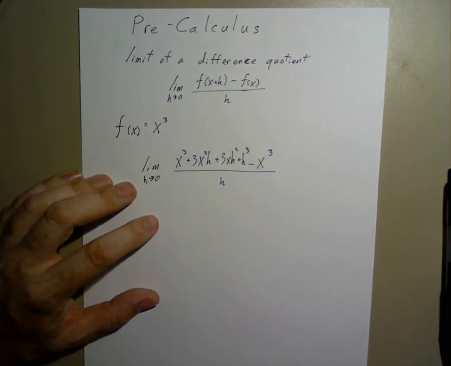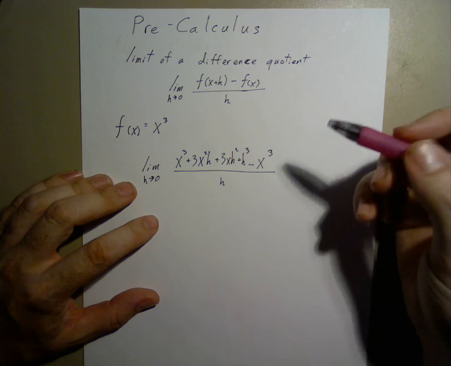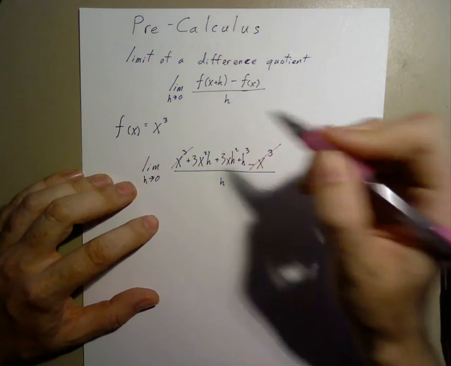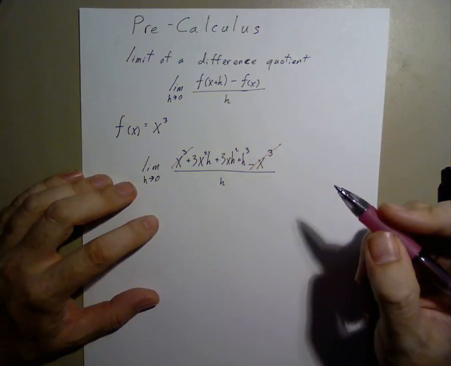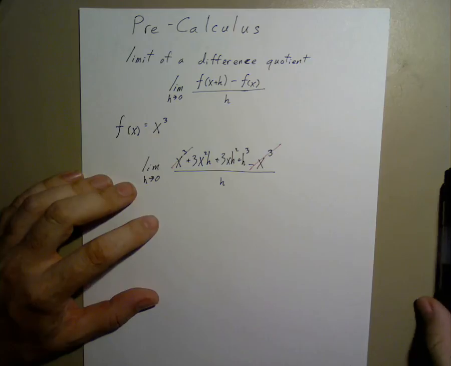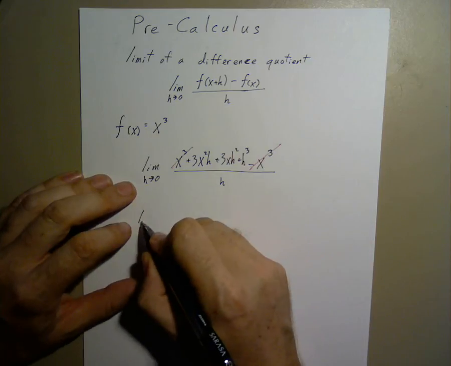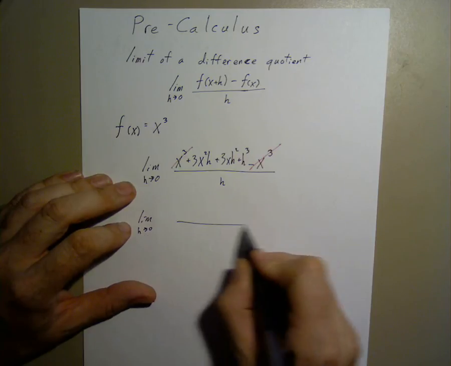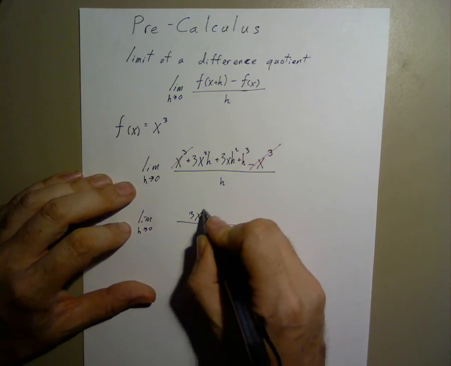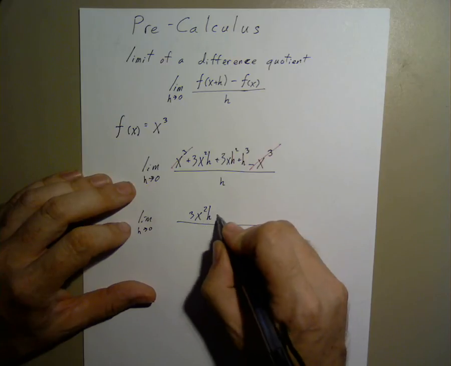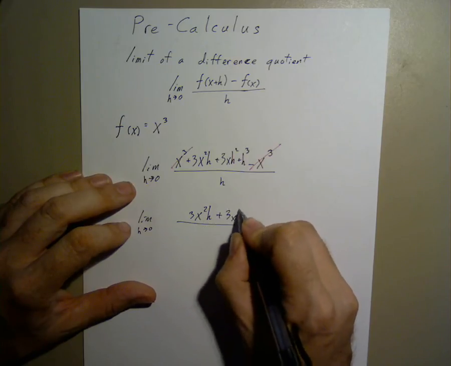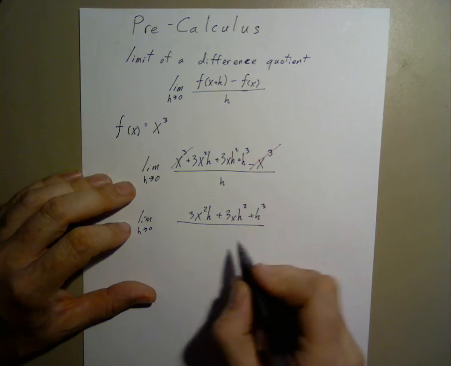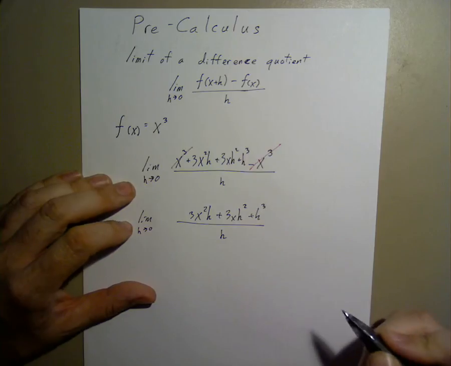Now we can simplify this by canceling out x cubed and x cubed, in which case we are left with the limit of 3x squared h plus 3x h squared plus h cubed over h.